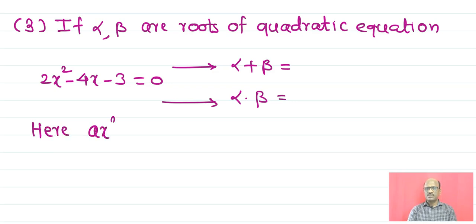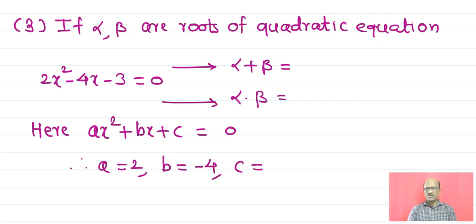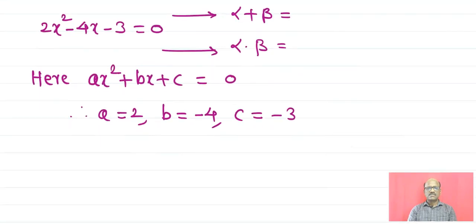Now here, comparing with ax square plus bx plus c equals 0, a is equal to 2, b is equal to minus 4, c is equal to minus 3. Therefore, alpha plus beta is equal to minus b upon a.